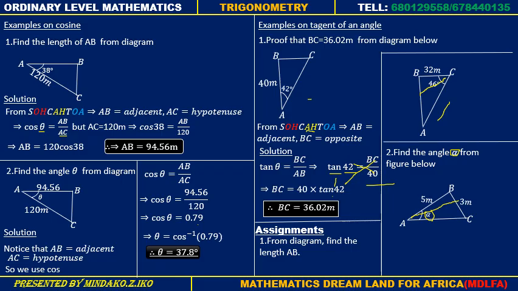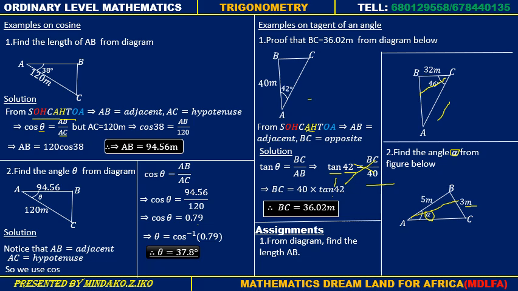Now if you move to SOHCAHTOA, this is SOHCAHTOA here. You notice that by comparison, the S is opposite over the hypotenuse. Is the opposite known? Yes, the opposite is 3 meters.